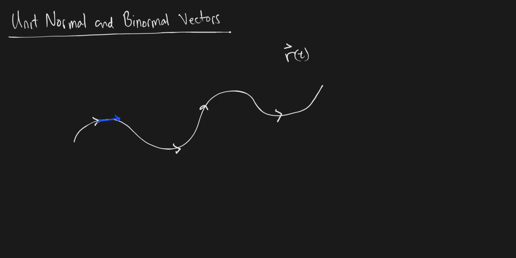It almost looks like what we're defining when we find these, what will be in a second, three special unit vectors associated with a curve. It's almost like we're defining a coordinate system at each point on the curve. That's pretty wild when you think about it.